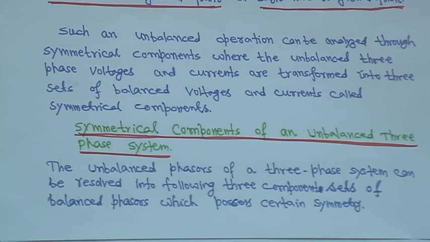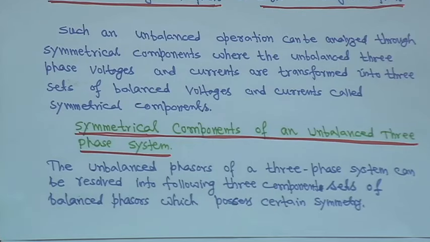So, symmetrical components of an unbalanced 3 phase system. The unbalanced phasors of a 3 phase system can be resolved into the following 3 component sets of balanced phasors, which possess certain symmetry.